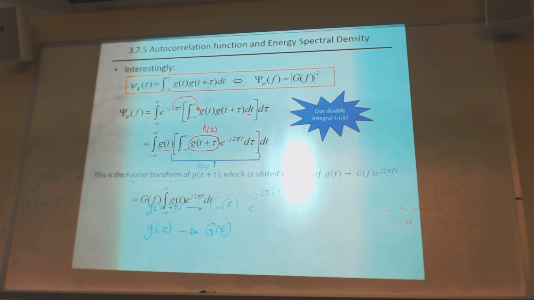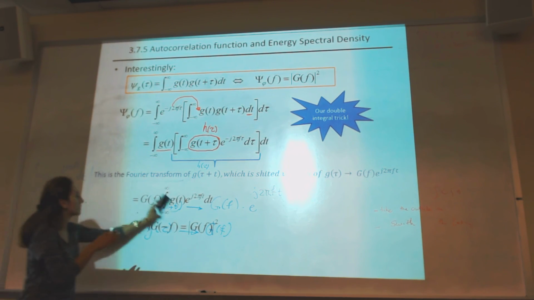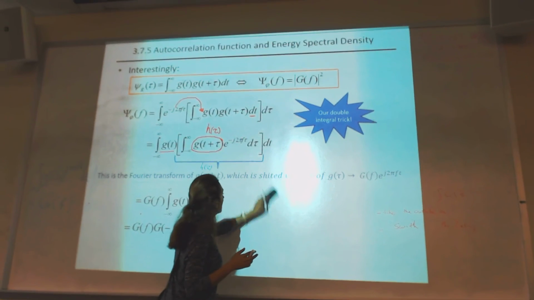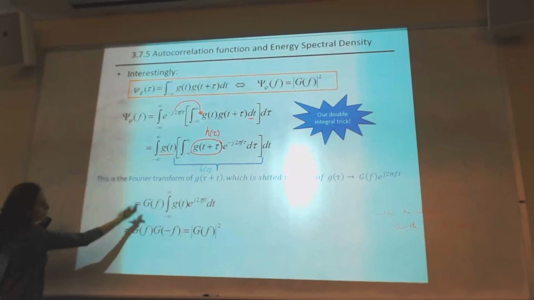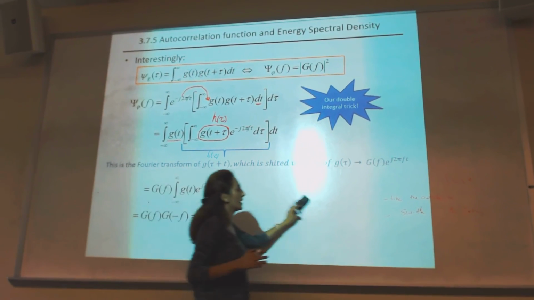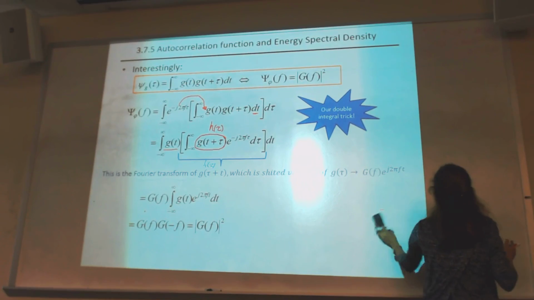So you have G(f) times the exponential, and then the integral of g(t) G(f) comes out, and then this is nothing but just minus. I will talk about it next time, since I'm going to give a quiz and we won't have enough time. Anyway, we're almost there. So we proved that the Fourier transform of the autocorrelation function is the energy spectrum of this.